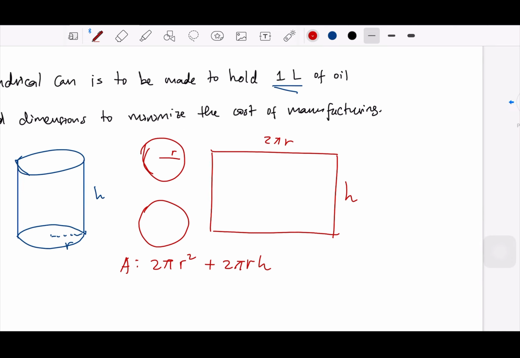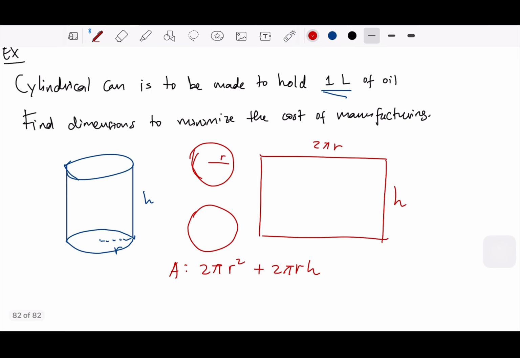And the constraint: we have 1 liter. We need to make this shape so the volume needs to be 1 liter. The volume, in every 3 dimensions, is the base multiplied by the height.